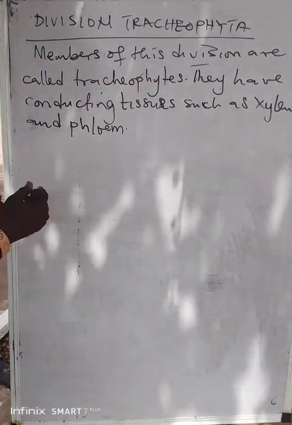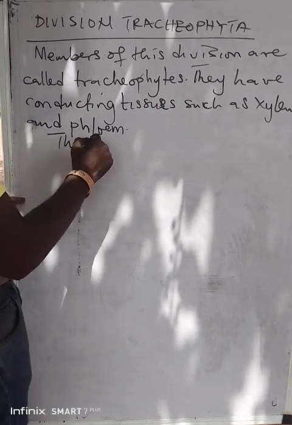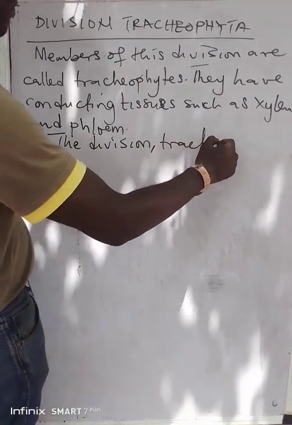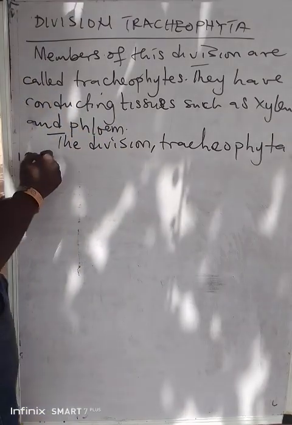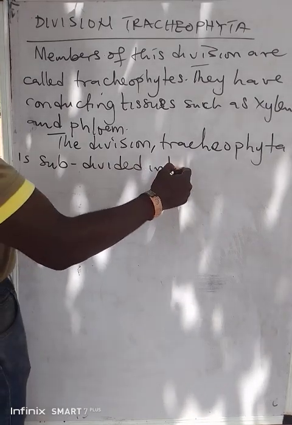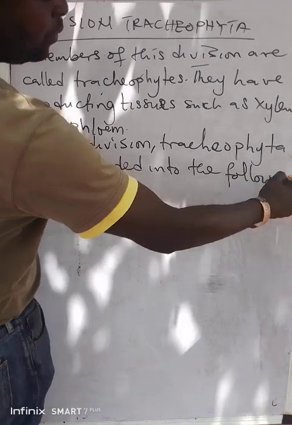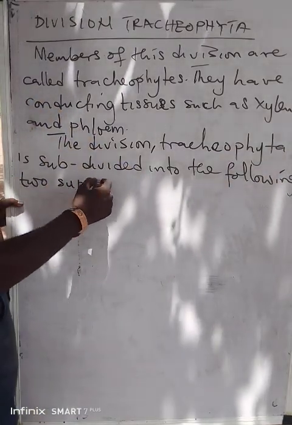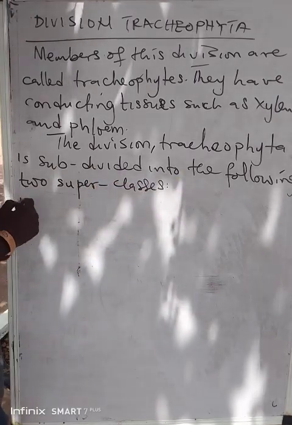Now, this division Tracheophyta is subdivided again into the following 2 superclasses.